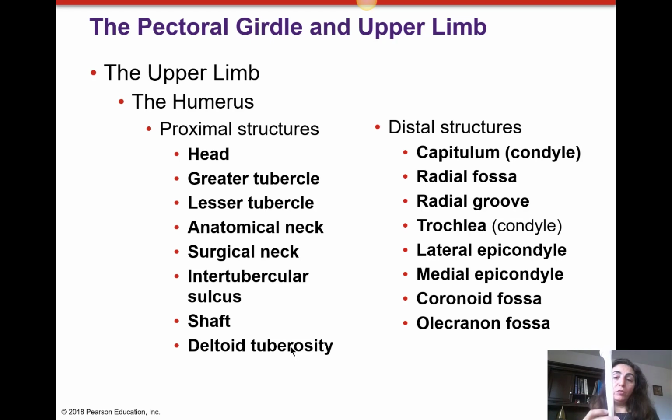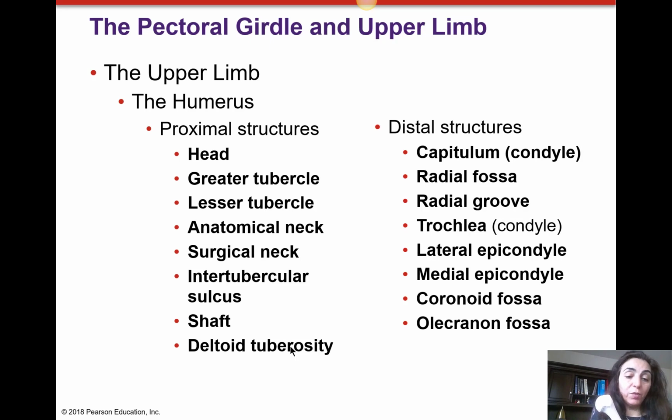Then we have the main part of the bone that we call the shaft. Then we have the deltoid tuberosity, that is a spiral line that you see here, that the big muscle we call the deltoid is going to attach to.